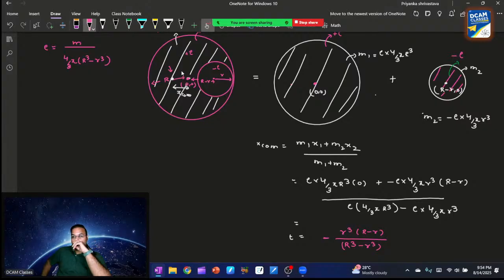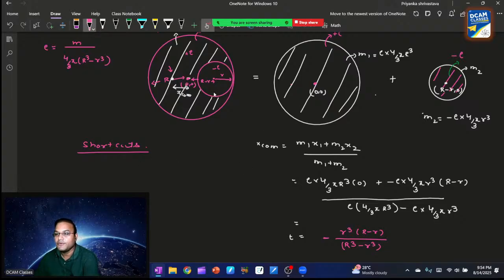Now, this is the basic way of doing it, but I'll give you some shorter results, shortcuts. You understood the concept now? What we do is create matter and antimatter like this. What are the shortcuts?